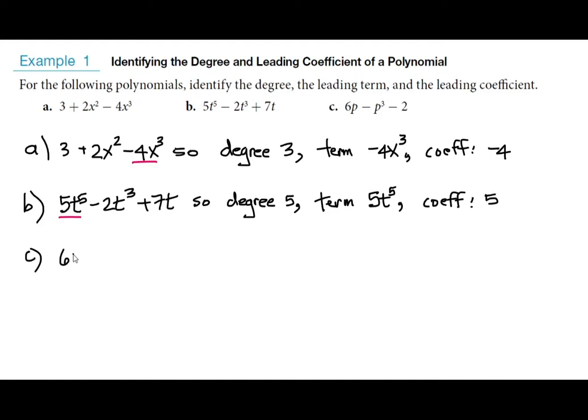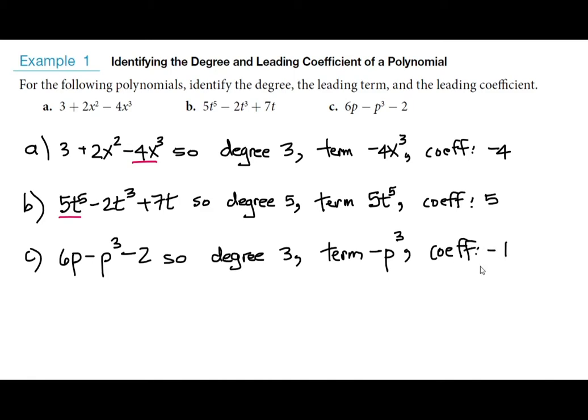Part C, 6p minus p cubed minus 2. So the degree in this case is the highest exponent, which is 3. The leading term is minus p cubed, and the leading coefficient is negative 1, because this is like negative 1 times p cubed, isn't it?